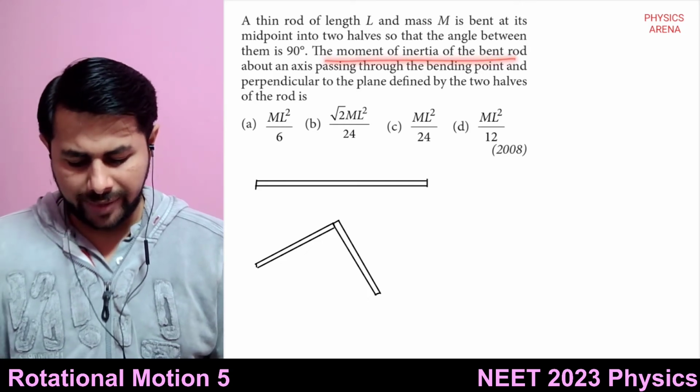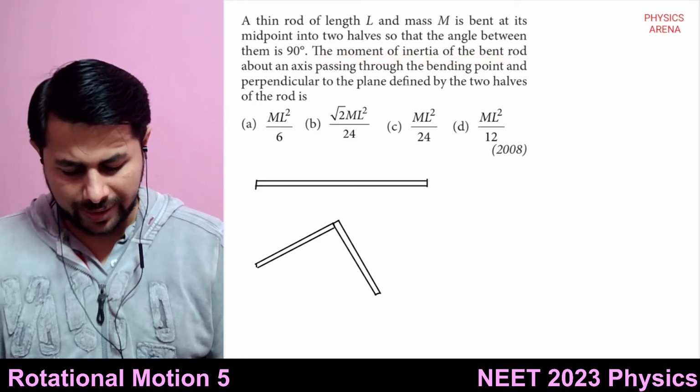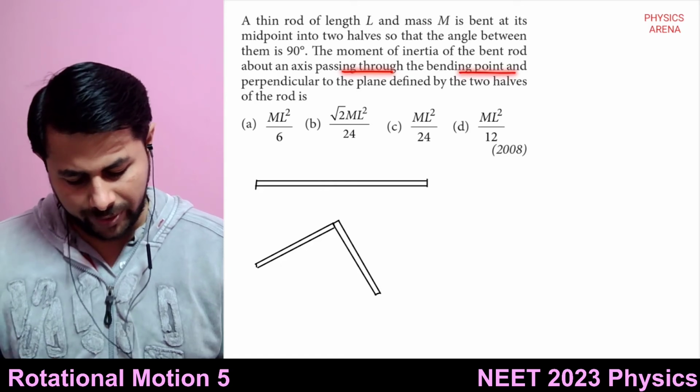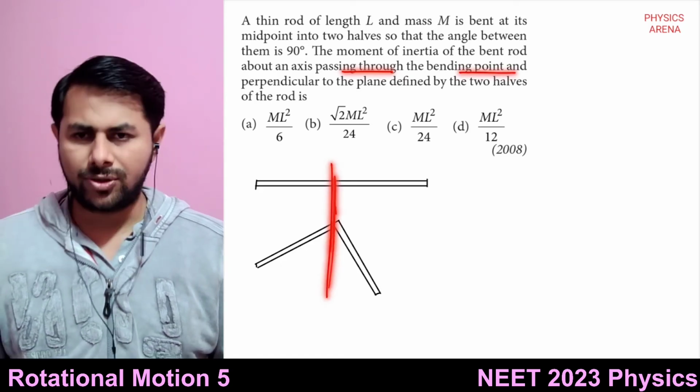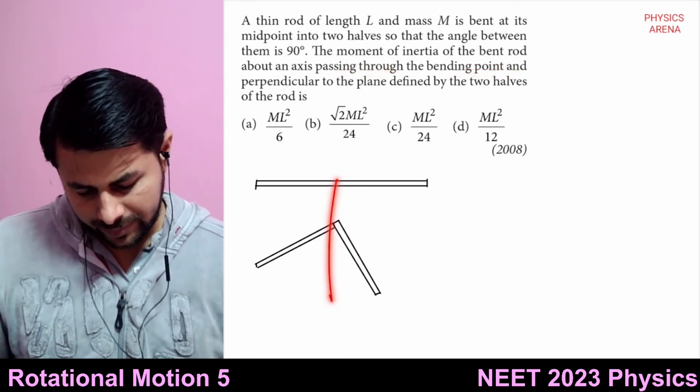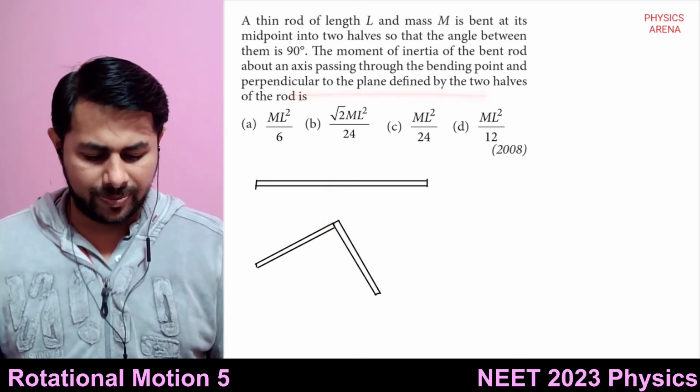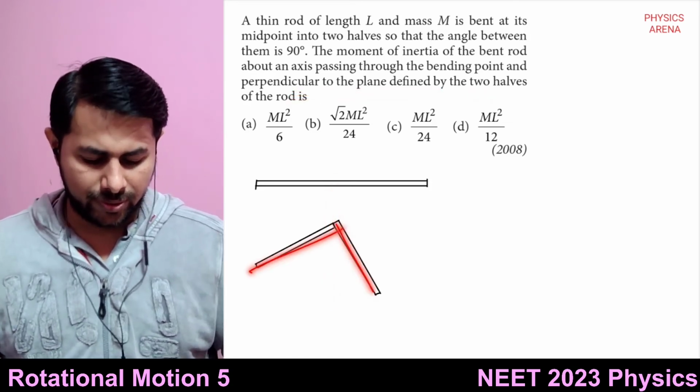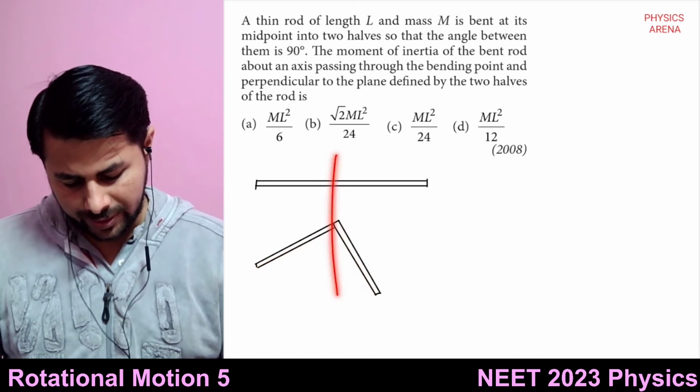We want the moment of inertia of the bent rod about an axis passing through the bending point and perpendicular to the plane defined by the two halves.